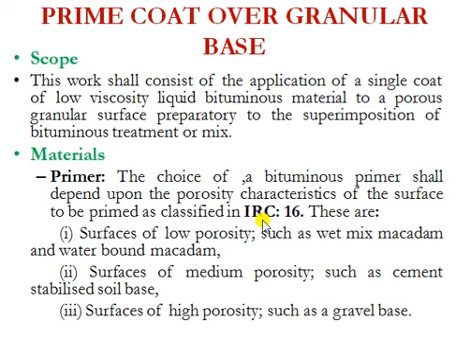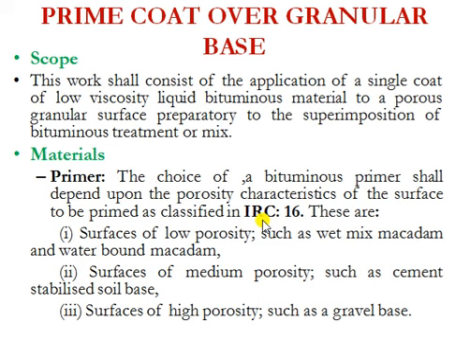Here the selection of material for a bituminous primer depends upon the porosity characteristics of the surface which has to be coated. The surface will have low porosity, or medium to high porosity.